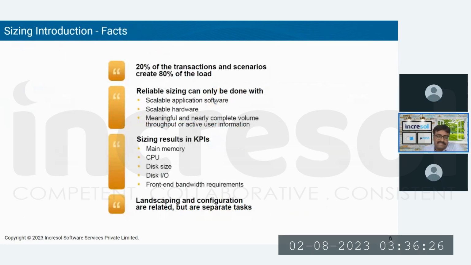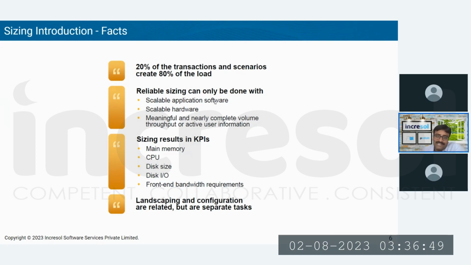A few facts, just to give an idea. We see that the majority of the load on our systems comes from 20% of the transactions or processes that we are using in the system. That means they are the most heavy load-generating processes. So whenever we go for sizing changes, we need to consider them well so that the remaining things will go smoothly.